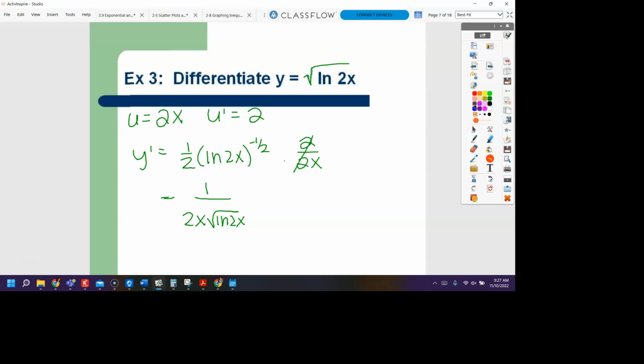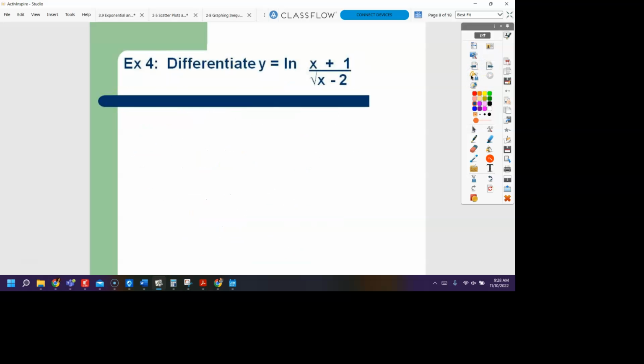Use the rule of natural log, which says division becomes subtraction. Now it's just two natural log derivatives.